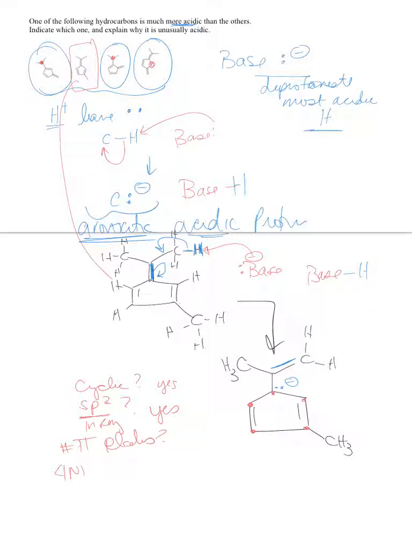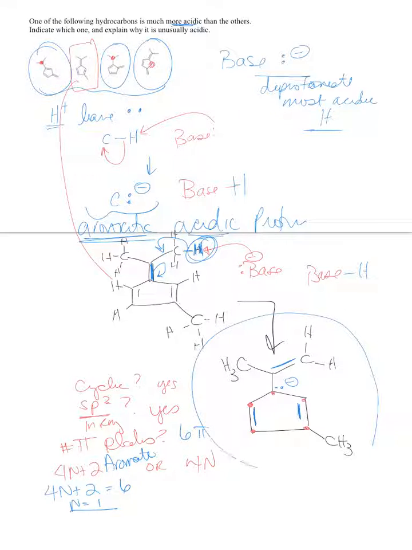Is it 4n plus 2? So the number of pi electrons, we have 1, 2, 3, 4, 5, 6. We have 6 pi electrons. And I think by now you know that 4n plus 2, where n equals 1, is 6. So that would be aromatic. And that's a driving force to be aromatic. It makes this proton very acidic.